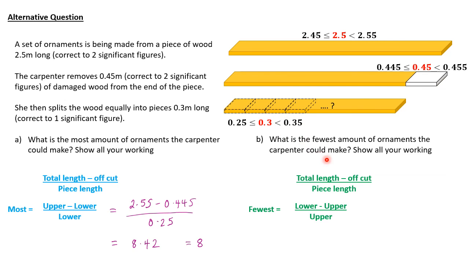So the fewest will start with the lower bound for the length, take away the upper bound for the offcut, divided by the upper bound for each of the pieces. So again, pop your numbers in, pop it into your calculator, and you get that it could be just 5.7 ornaments, but we can't make 0.7 of an ornament, so it would have to be 5 ornaments.